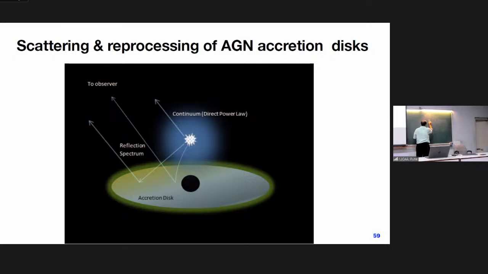But there is another mechanism. Now this black hole that we drew, if it is a rotating black hole, there is a small region outside of the event horizon where the magnetic fields can exist.